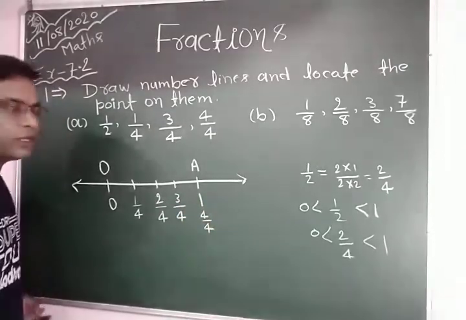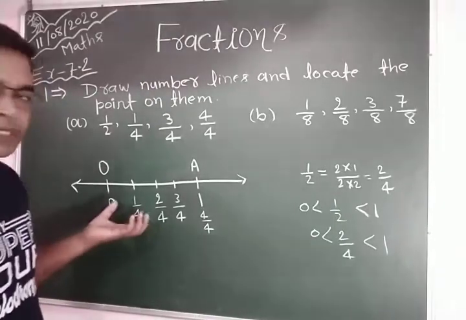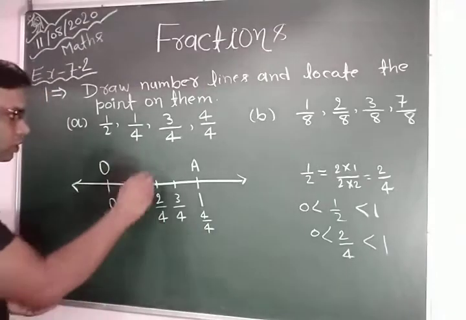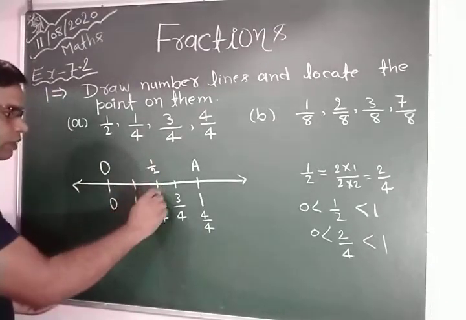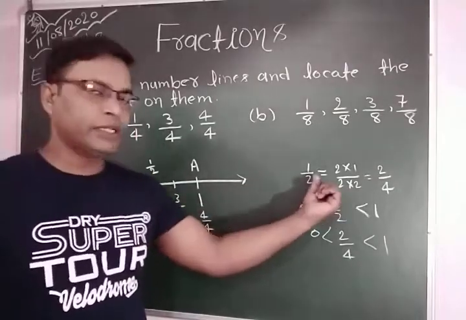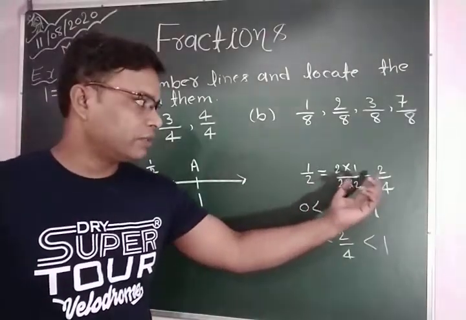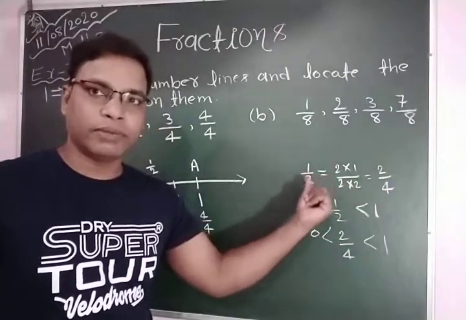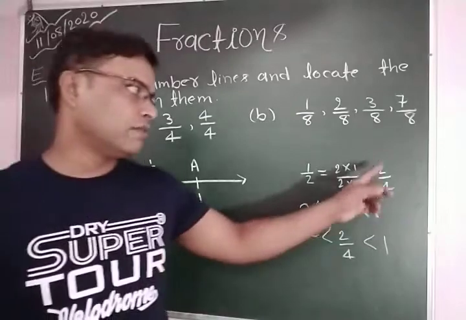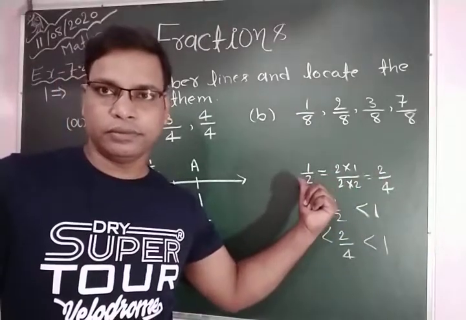So here we represented the given fraction 1 by 2. 2 by 4 is 1 by 2. If you simplify 2 by 4, you obtain 1 by 2. Both are the same fraction.